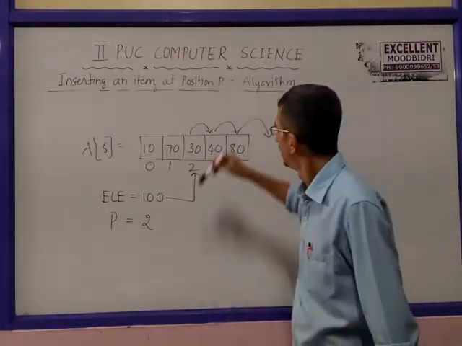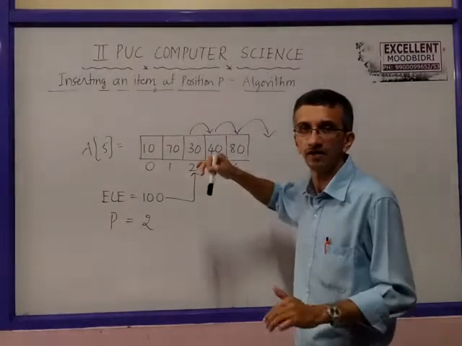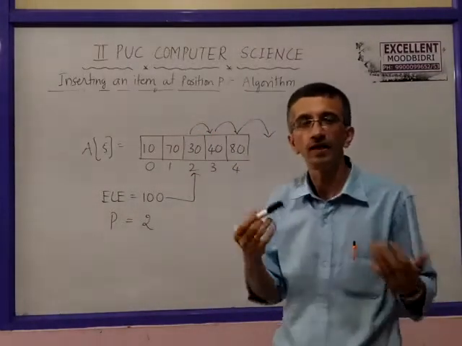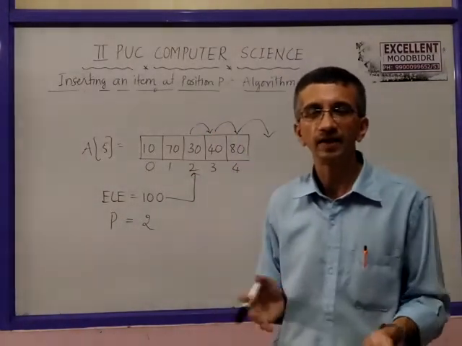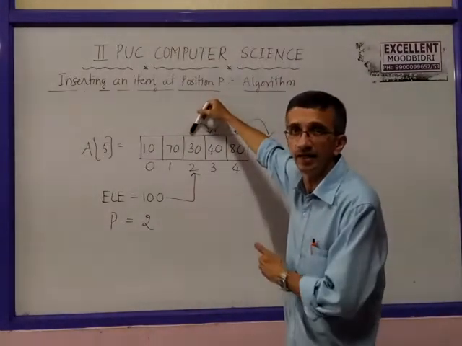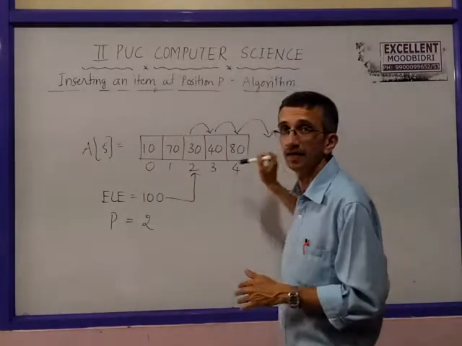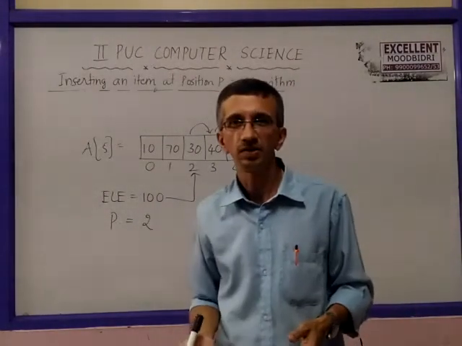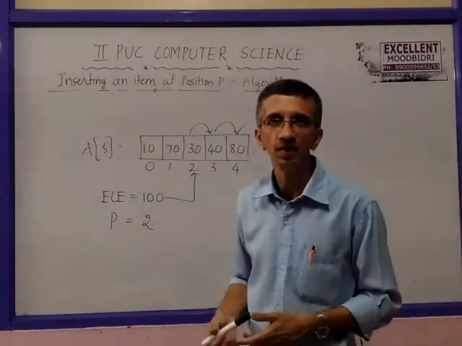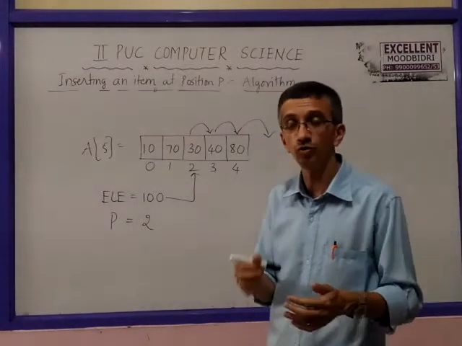Even then, when you assign 30 to the next position where 40 is, 40 is overwritten by 30, so 40 is not available to be copied to the next location. If you start shifting the items from the given position towards the higher ones, it may overwrite the values, and they are not available for the next copy. So values are totally gone from the array. This should not happen.